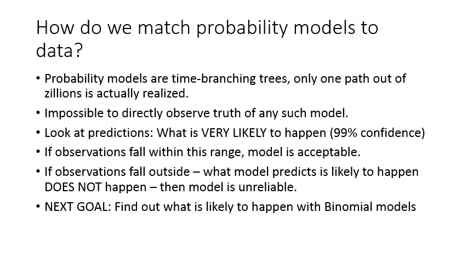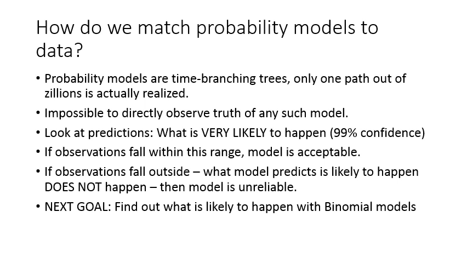So how do we match probability models to actual real-world data? We can't really verify the probability model in all its details because it tells us about lots of things which never happen. In the binomial model, there's only one branch which will be taken, and there are 2 to the n minus 1 different branches which were never taken.